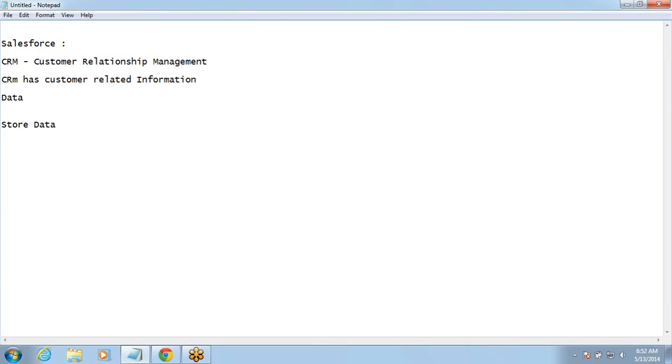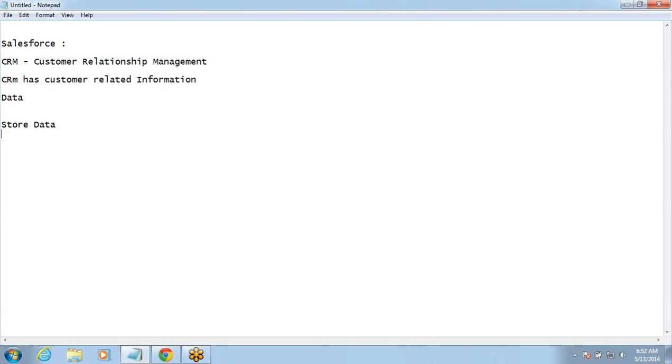That is the first requirement. But if storing data is the only requirement or expectation from a CRM, then you can create a CRM out of a hard disk also. But that does not happen, right? A hard disk cannot be treated as a CRM. So data storage is just one small thing that you need from a CRM.